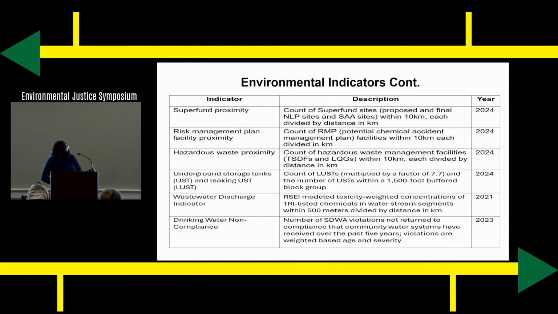They are all 10 kilometers distance, and 2024 underground storage tanks, wastewater discharge indicator. Then this drinking water compliance is one of the new indicators that they added to the updated tool. So what this does is that they got all the drinking water compliance data and they created a matrix to be able to define the quality of public drinking water in the United States. Next one, please.